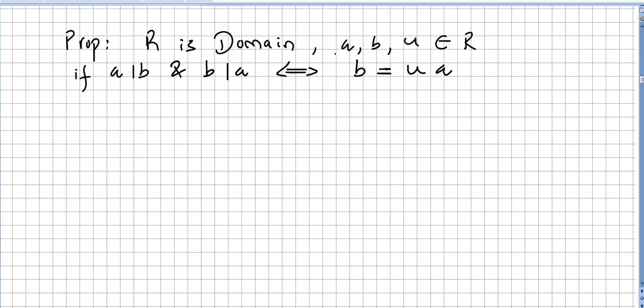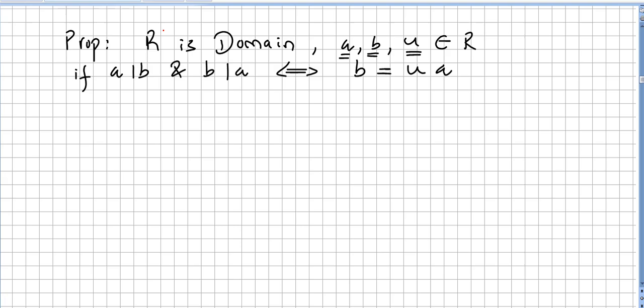Okay, do not forget, of course, that A, B and U is a unit in the domain, and A and B are elements in the domain. Okay, this is a very useful proposition too.